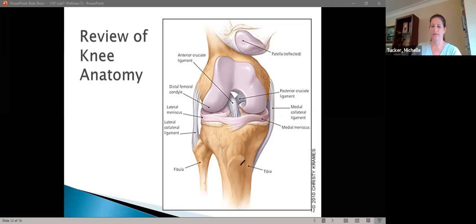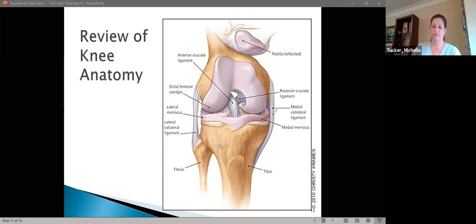The four supporting ligaments that are left are the tibial collateral ligament that is going to be on this medial side, and the fibular collateral ligament on the lateral side.